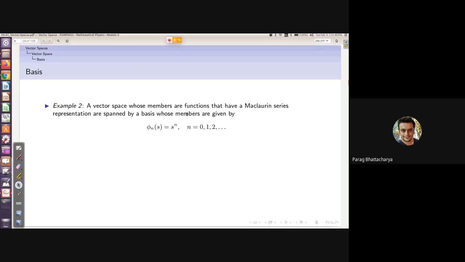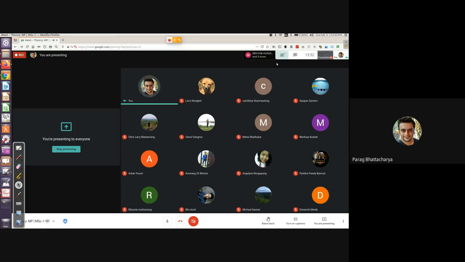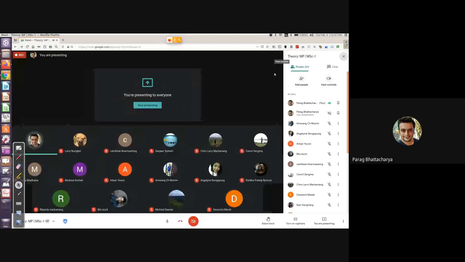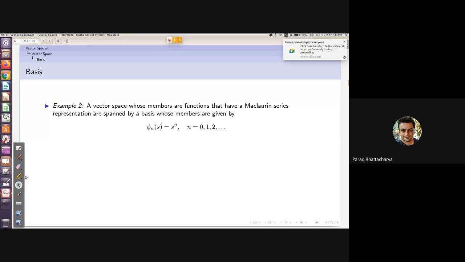Anyone? What is the dimension of this vector space? Anybody? Calvil star, are you there? Please unmute yourself. What is the dimensionality? What is the dimension of this vector space in this example?